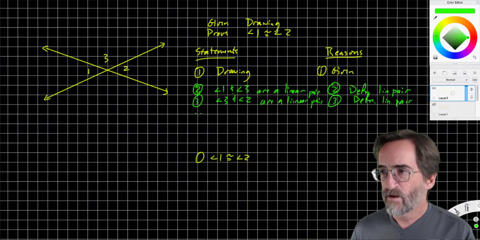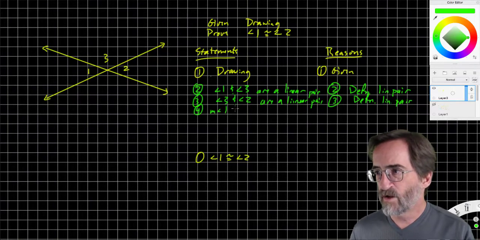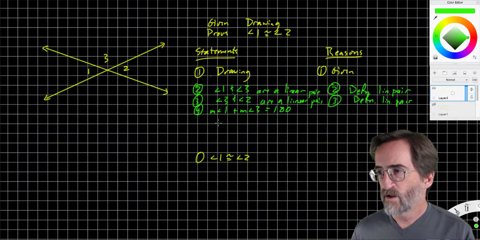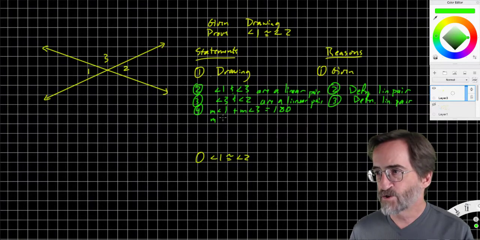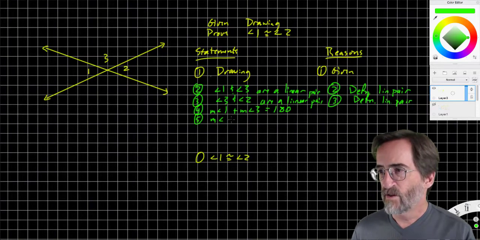Okay? Statement 4, the measure of angle 1 plus the measure of angle 3 is 180. And I'm going to combine these. Statement 5, the measure of angle 3 plus the measure of angle 2 is 180.